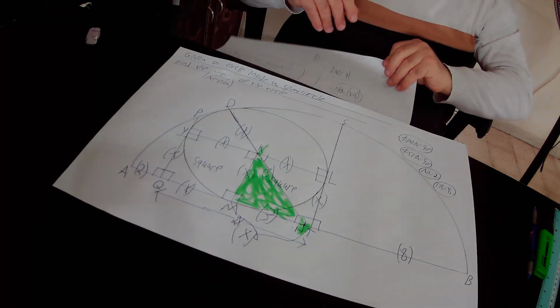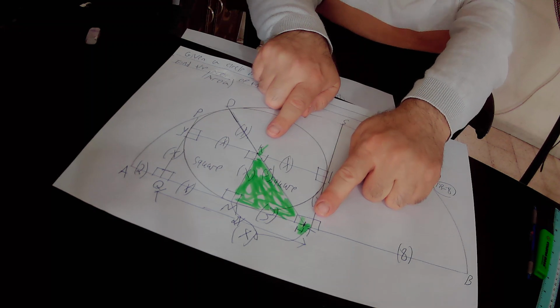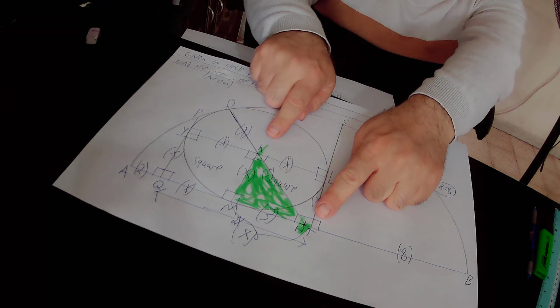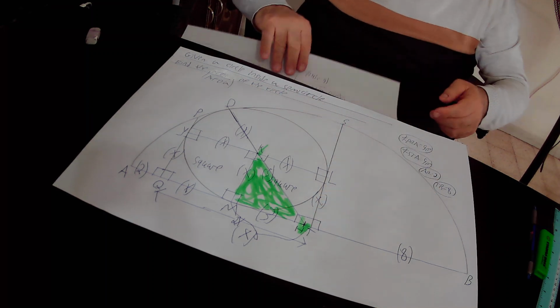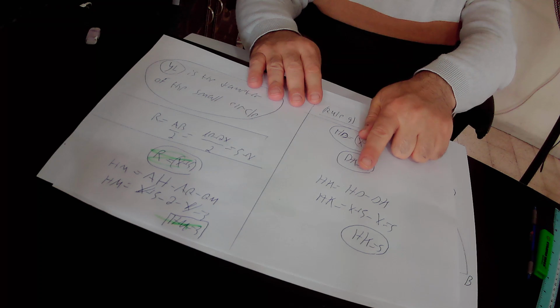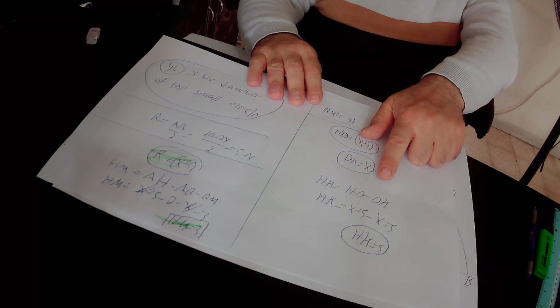So what is the length of the missing side HK or KH? KH equals DH minus DK.